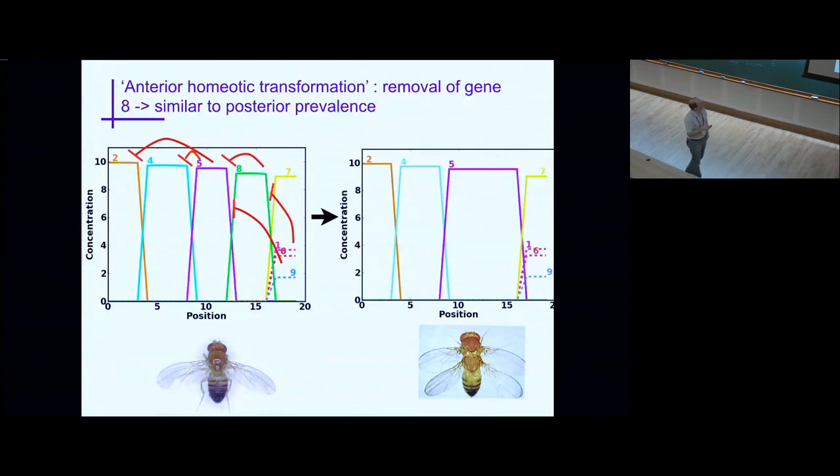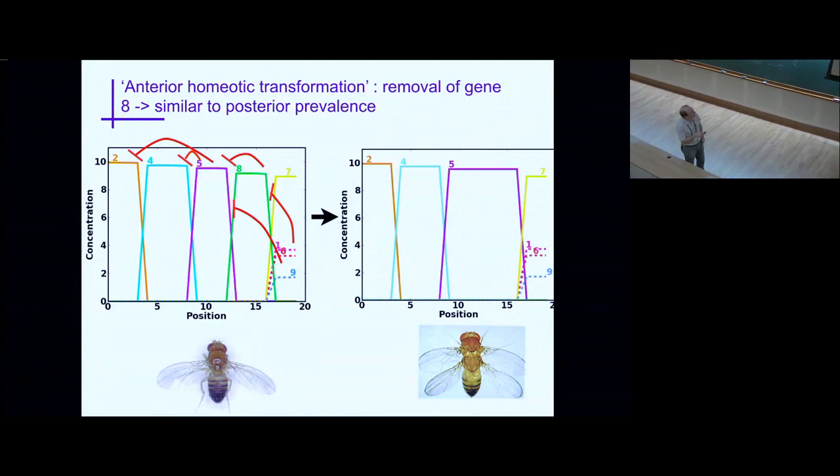So this is something called posterior prevalence because this is represented here. So imagine 8 is the gene corresponding to Antennae, and 5 is the gene corresponding to wings. So now if I kill 8, since 8 is repressing 5, 5 is going to extend here. And so now you have a region where you should have wings, which is essentially doubled. And so this is why you transform this Antennae region into these wing things.